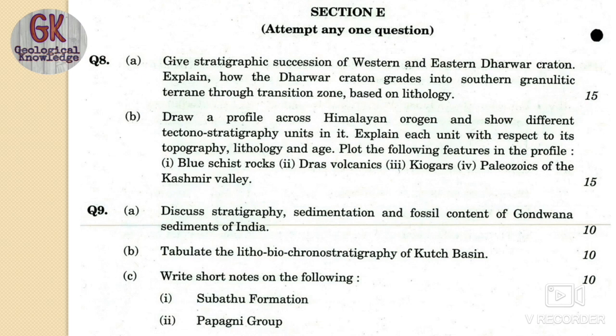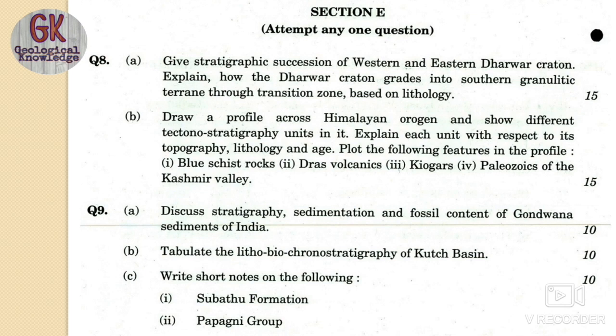And you have to plot the following features in the profile: the blueschist rocks, the Dras volcanics, the Kyogers and the Paleozoic of Kashmir Valley. So all in all, you have to draw a profile across the Himalayan orogen, show the different tectonostratigraphic units, and explain each unit with respect to its topography, lithology as well as its particular age.